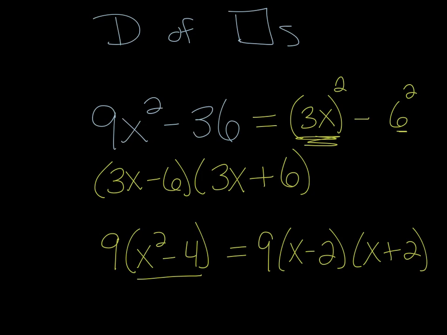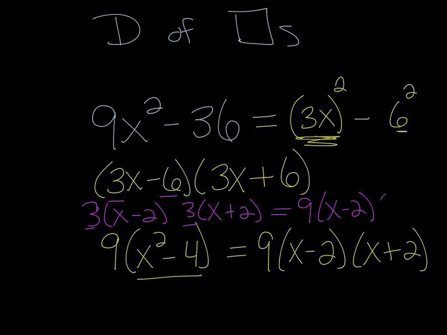You can see that from the one we did above, because both of those factors have a common factor of 3. You can pull a 3 out of the first factor and a 3 out of the second factor, and 3 times 3 is really 9, because all of it is multiplied together. So you get the same completely factored version as below, using the same method.